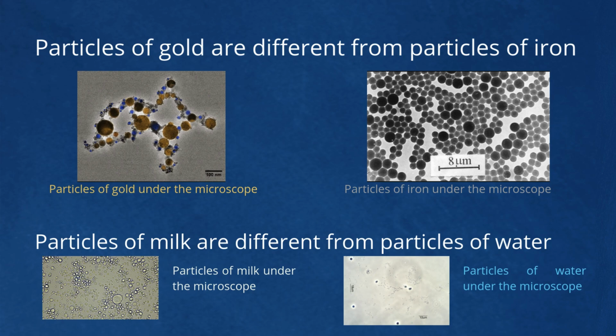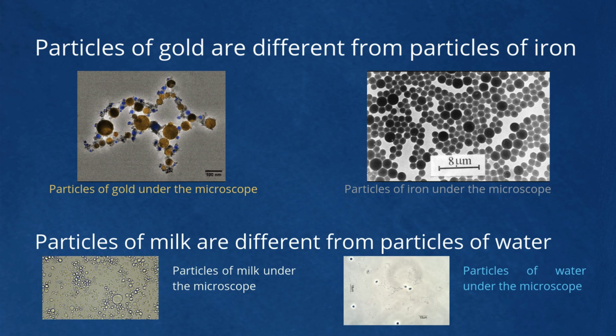So each material has its own particles. Also, those are examples for solid matter. If we have particles of liquid matter like milk, milk is different from the particles of water or oil. So the different kinds of matter are made up of different kinds of particles.